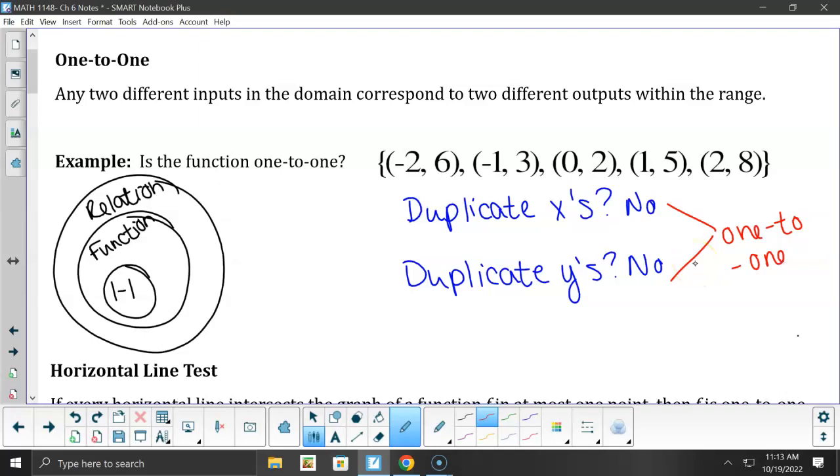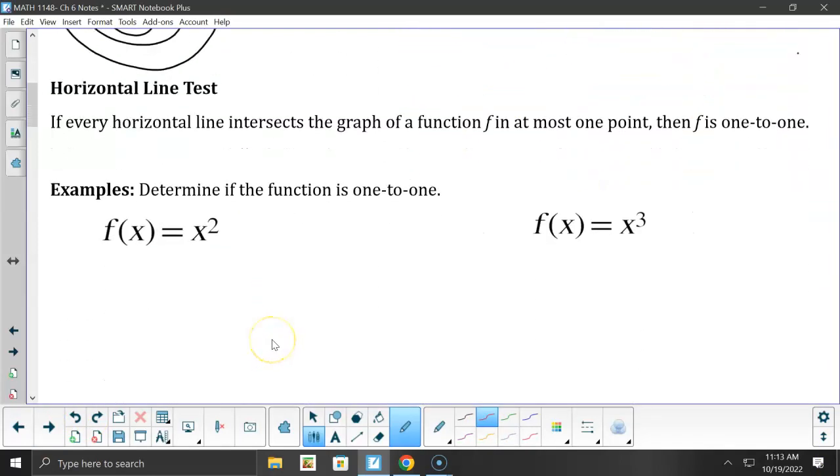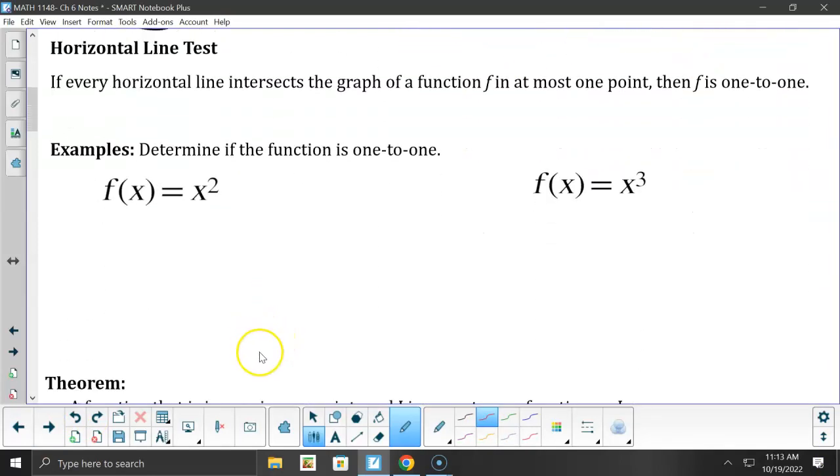All right. Up next, we've got the horizontal line test, and then we've got a couple of examples.